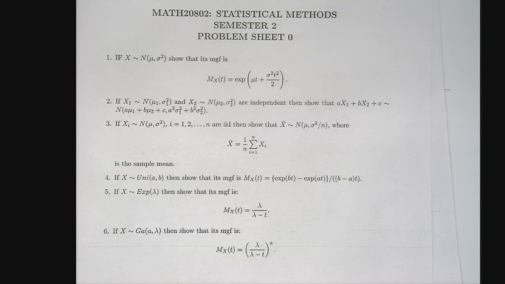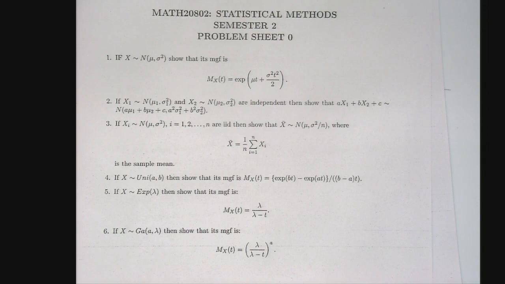a x1 plus b x2 plus c, this linear combination of x1 and x2, is also a normal variable with these parameters.